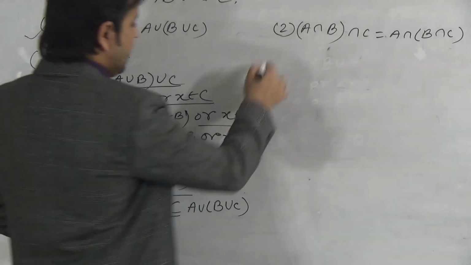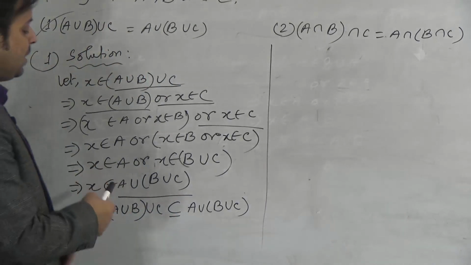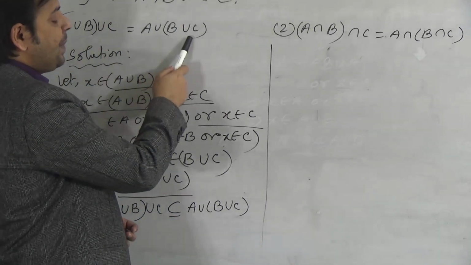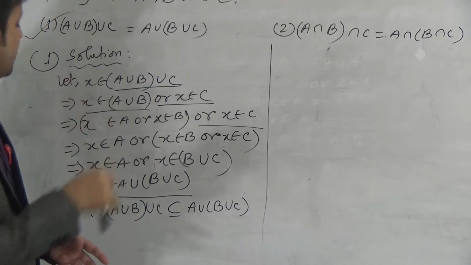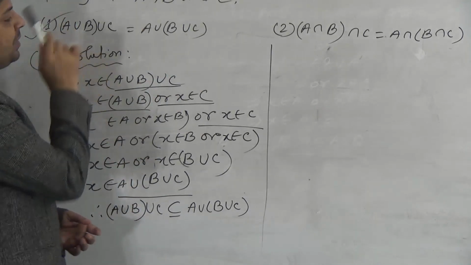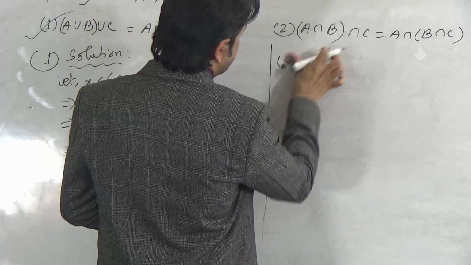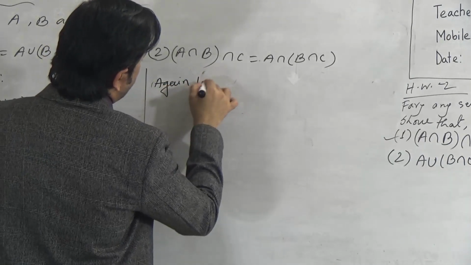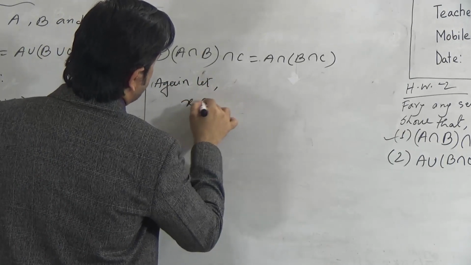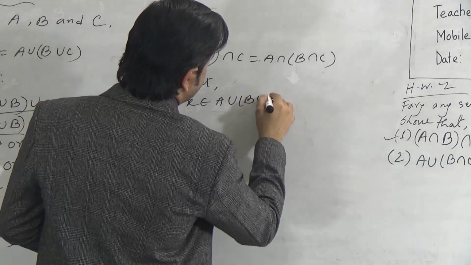Now conversely, if we consider an element in A union (B union C), then we will get that element in (A union B) union C. So let us show that. Let X be contained in A union (B union C).